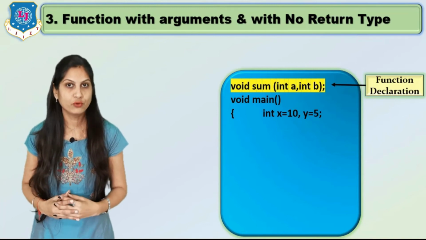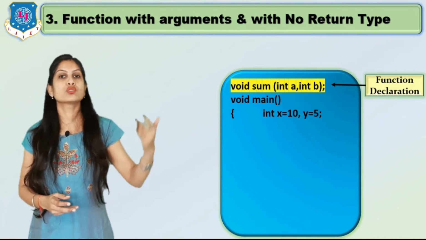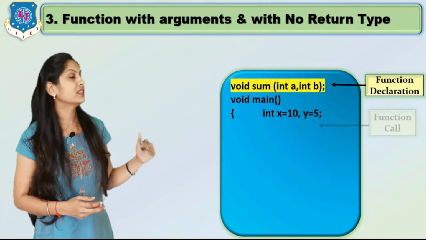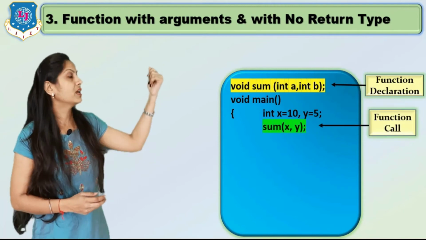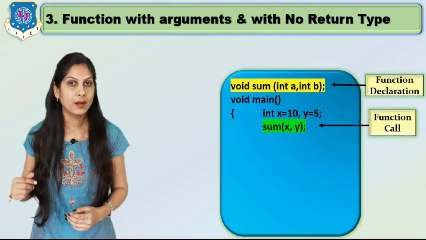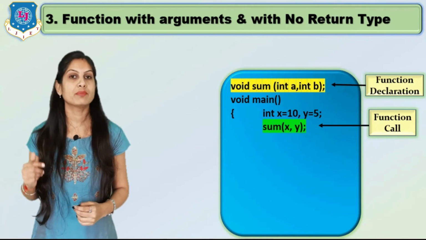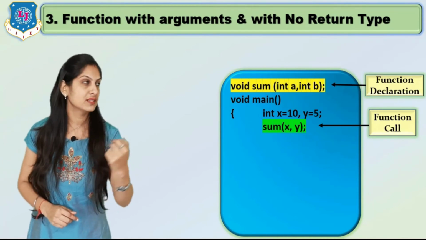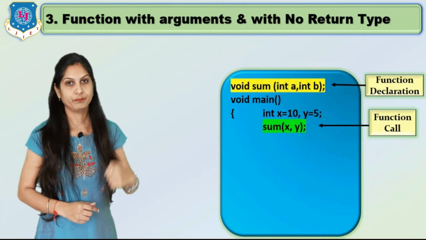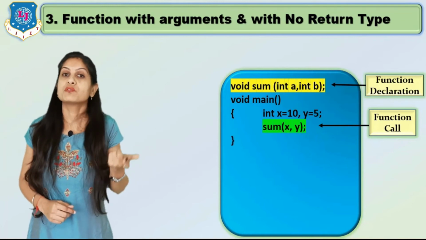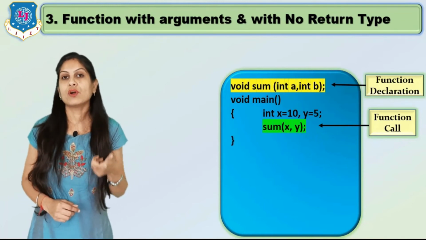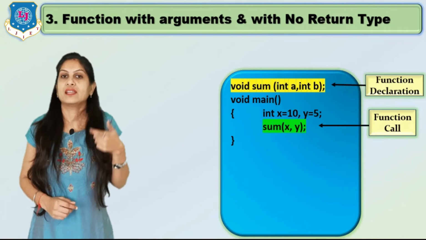That is our input value, and that value now goes to the definition with a function call. So here the function call is the same, sum, but inside the bracket we have to pass two variables x and y. Clear?